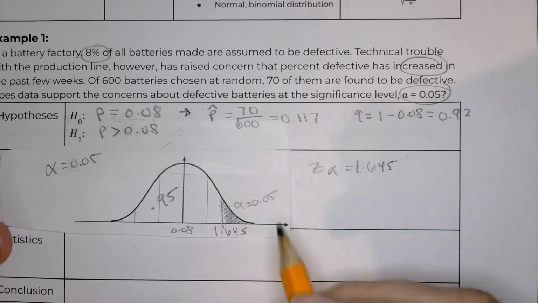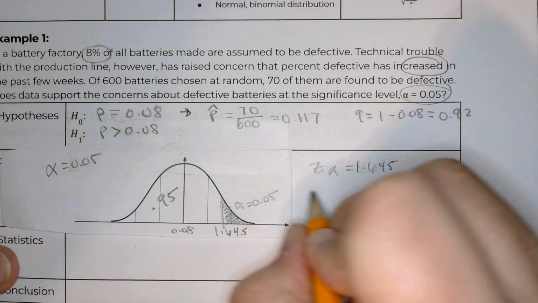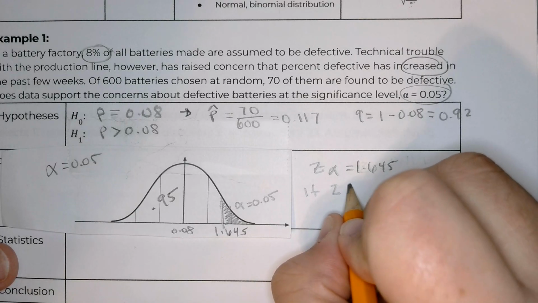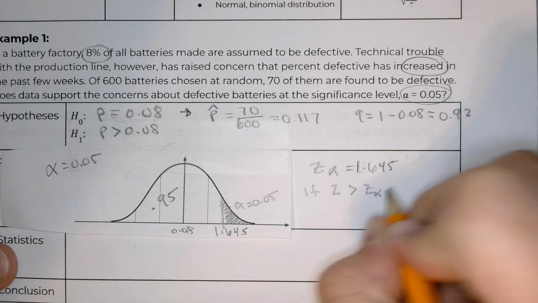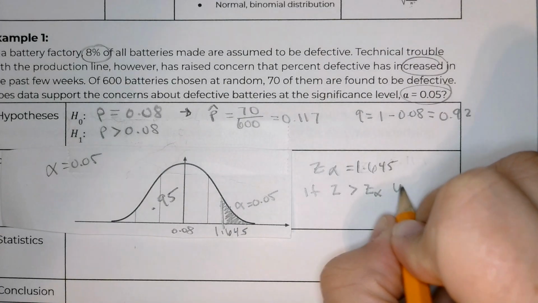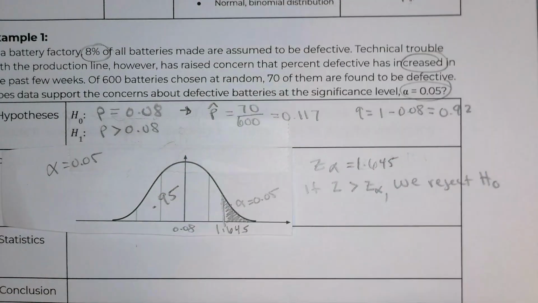If our test statistic z is greater than z alpha, then we will reject H naught. That is our decision rule.